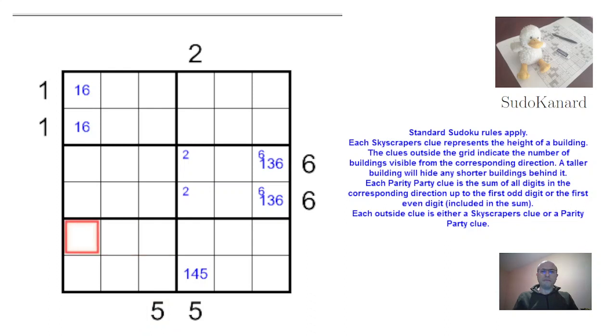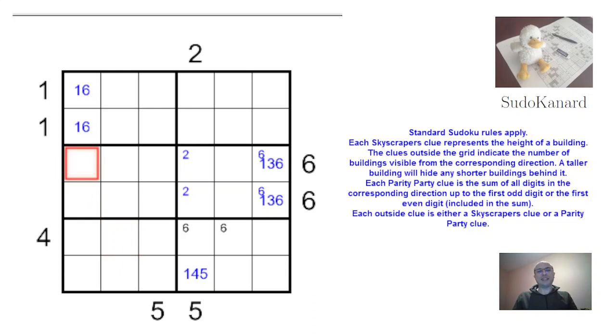What about 4? What about a clue of 4? Let's say I put 4 here. If this is a skyscraper clue, then 6 won't be here, so 6 will be somewhere there. And so, what else?